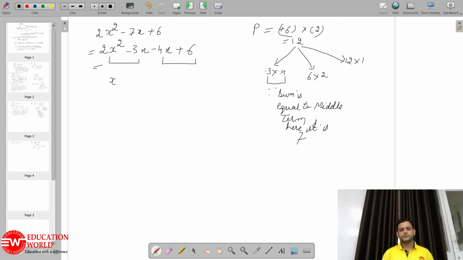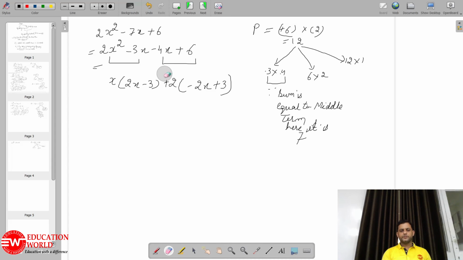So take x common, it is 2x minus 3. So here I will take 2 common first. Suppose I am taking plus 2 for your knowledge. So here it is minus 2x and plus 3. Now see, these two brackets are not the same, because here 2x is positive, here 2x is negative. So what I will do, I will take minus common here.